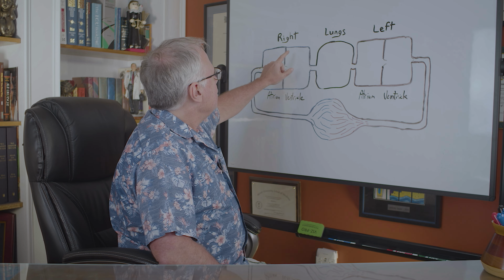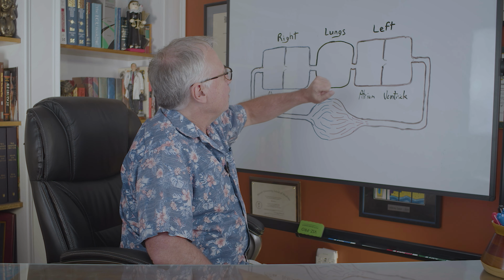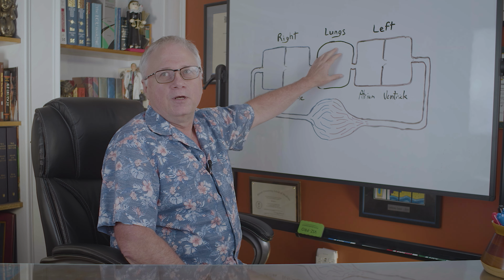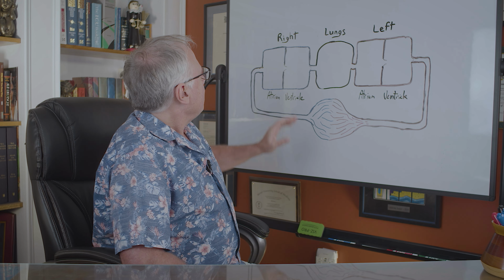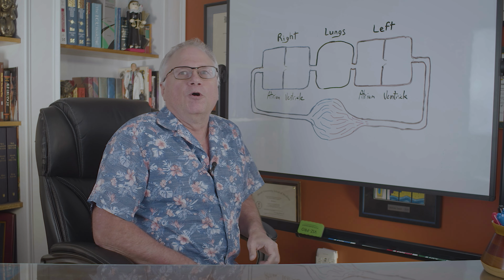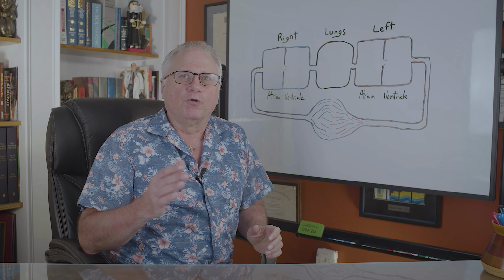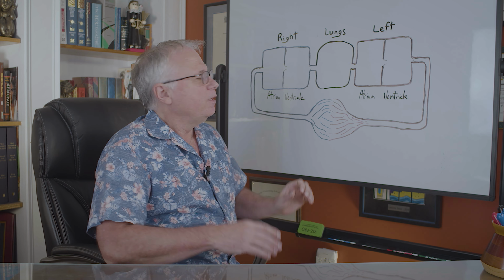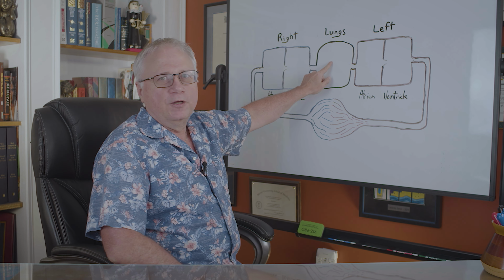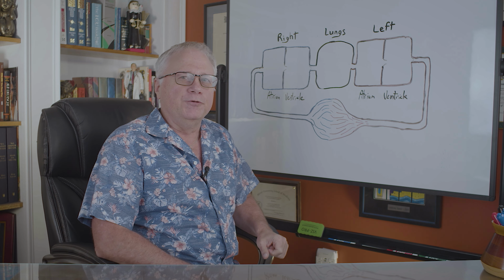And so what sits in between the right side of the heart and the left side of the heart is the lungs. So think of the right side of the heart as being a reservoir. It's going to collect blood from your body. It's going to pump that blood through the lungs where oxygen is added to it.